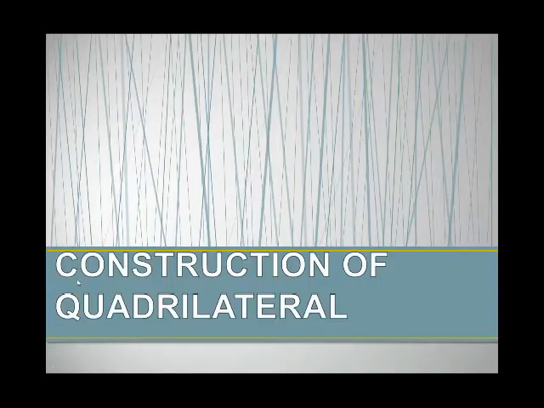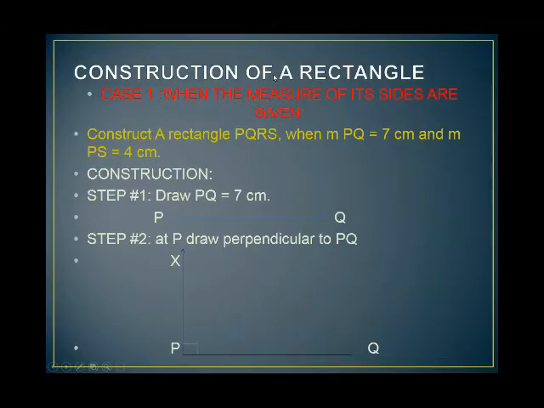Now we are discussing the construction of a quadrilateral. First we discuss the construction of a rectangle, then the construction of a square. To understand the construction, we divide the construction of a rectangle into two cases.